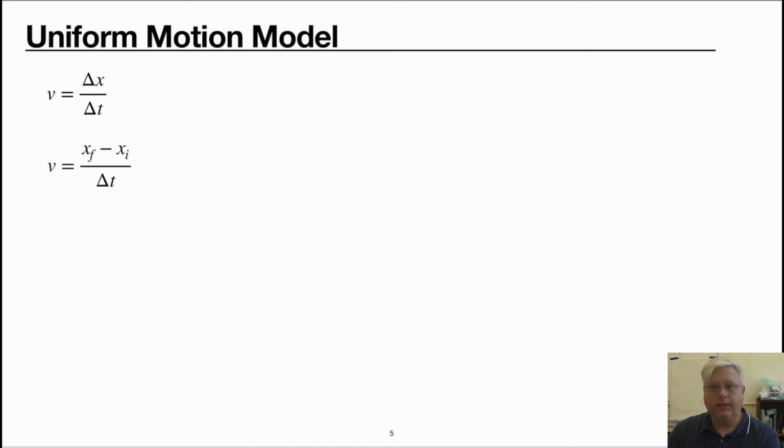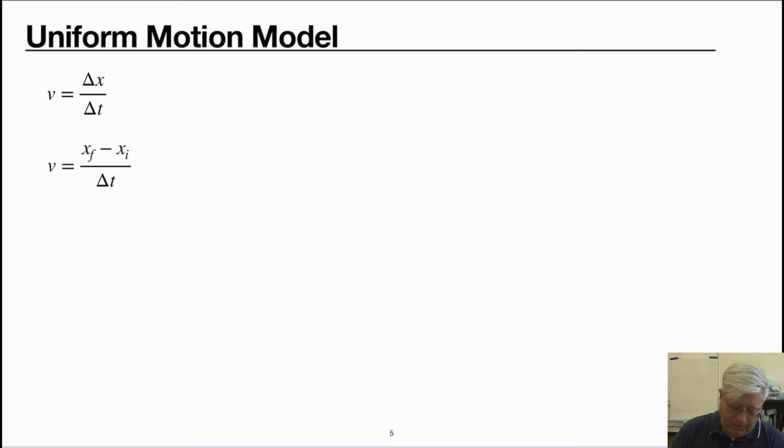One thing that's especially useful about this model is that we can use it to predict where an object will be in the future. If we know the object's initial position and its velocity, then we can rearrange the equation and figure out where the object's going to be after a certain amount of time.